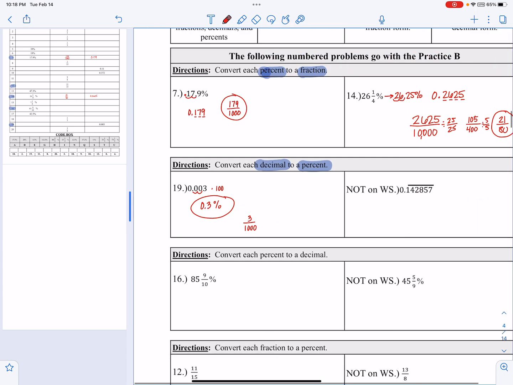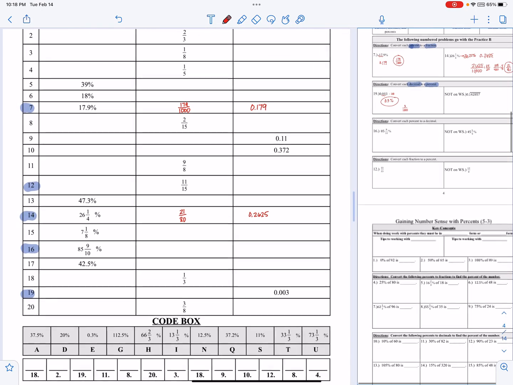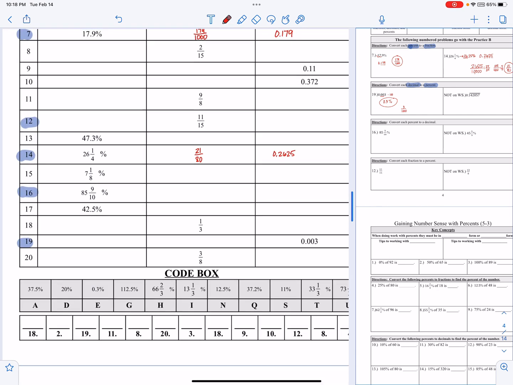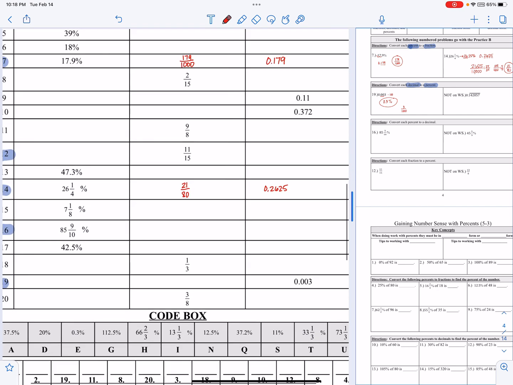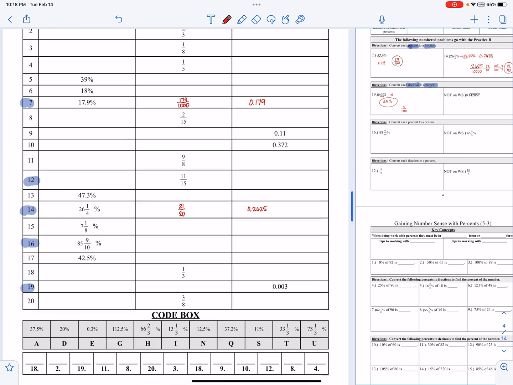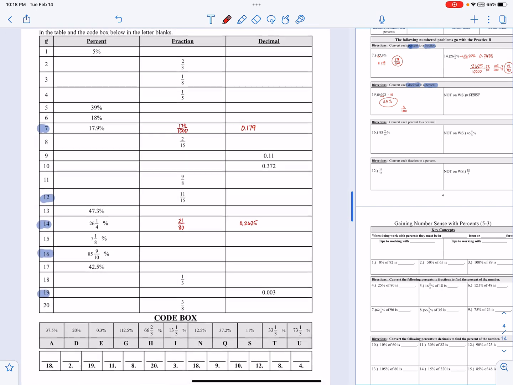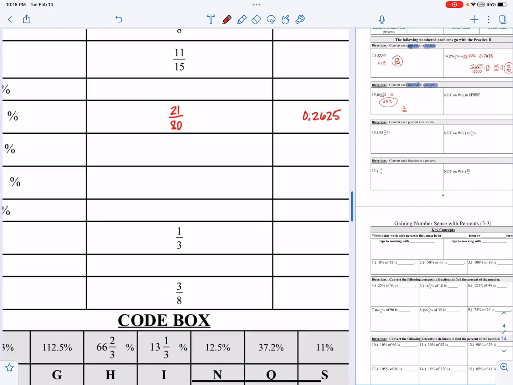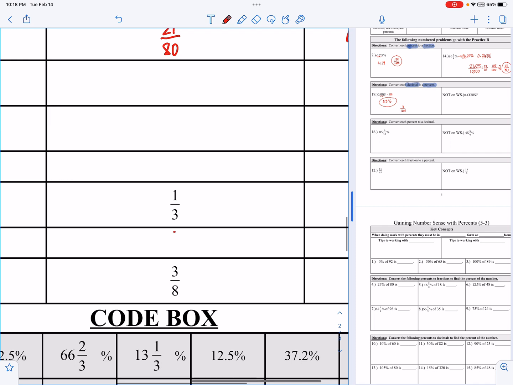Let's go ahead to 19 on our sheet here. We had 3 thousandths. So I'm going to write that as... I already have my decimal there for 3 thousandths. As my fraction though, 3 thousandths, so 3 over 1,000.